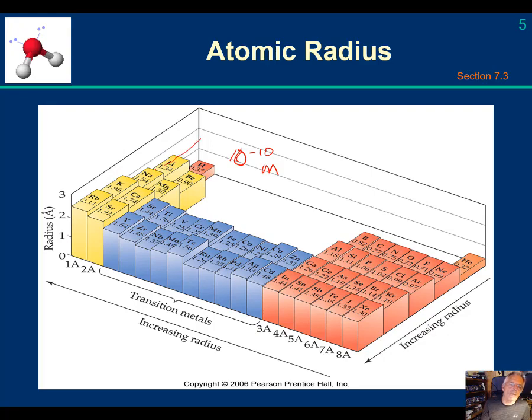This is all group 1 going down here, and you can see everything's getting bigger, 1.34, 1.54, 1.96, 2.11, and so on. So the atomic radius is getting bigger, going from top to bottom. Remember, this is n equals 1, n equals 2, n equals 3, n equals 4, n equals 5, and so on.